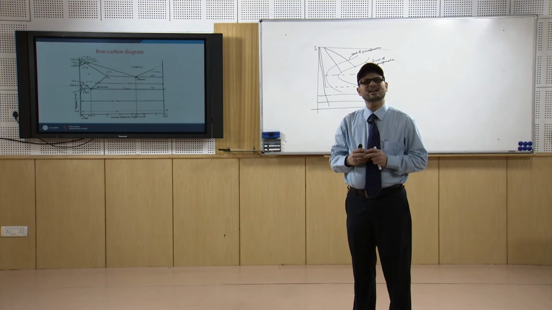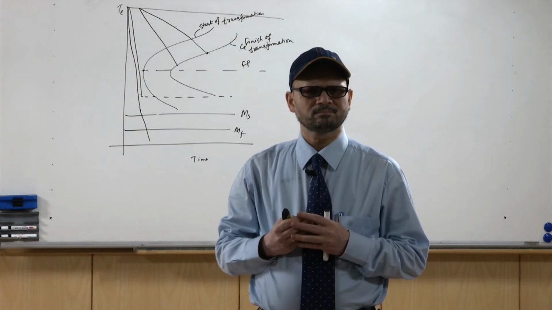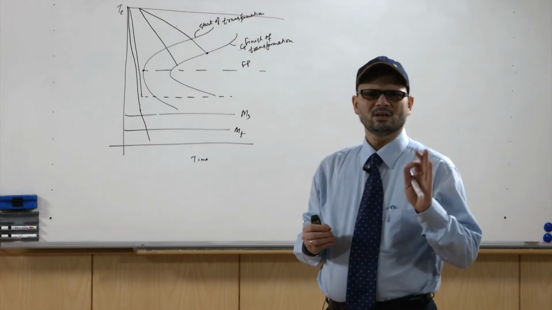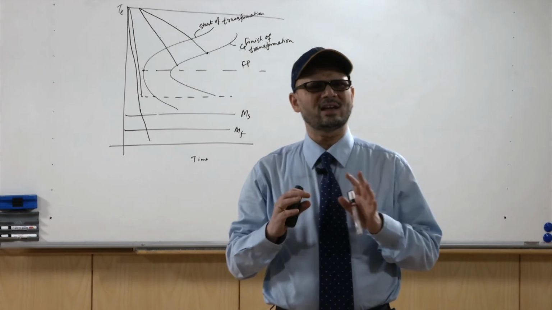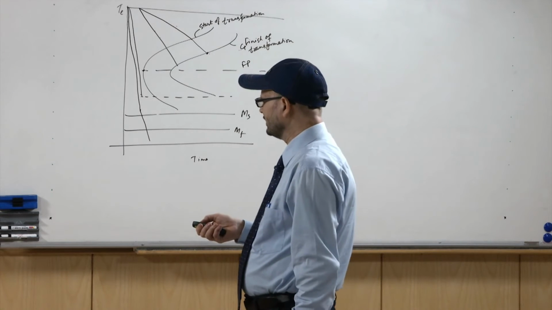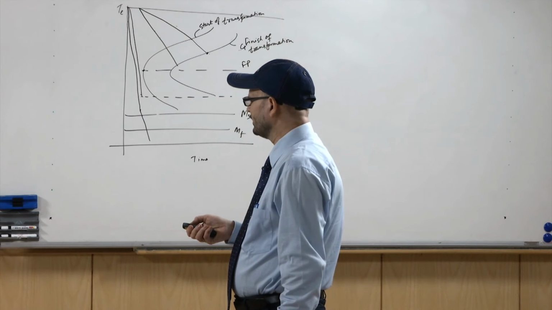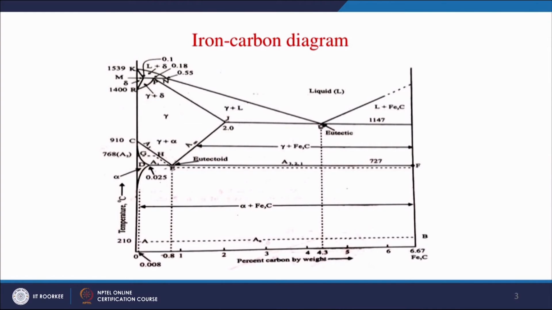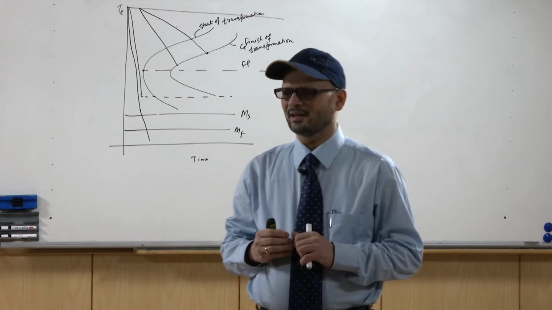That is known as normalizing. Normalizing gives you a good combination of tensile strength and ductility. That is done for hypereutectoid or hypoeutectoid steels, where it is heated above either the A3 line or the ACM line, and then allowed to cool in the air.